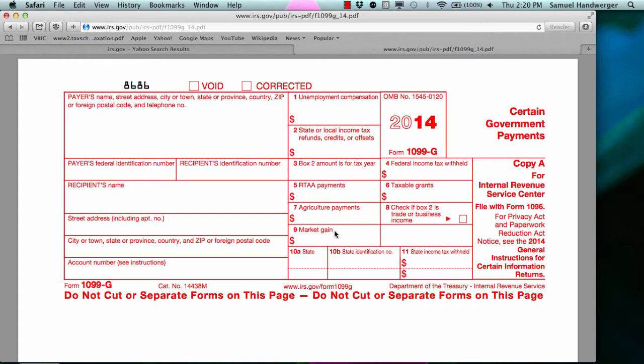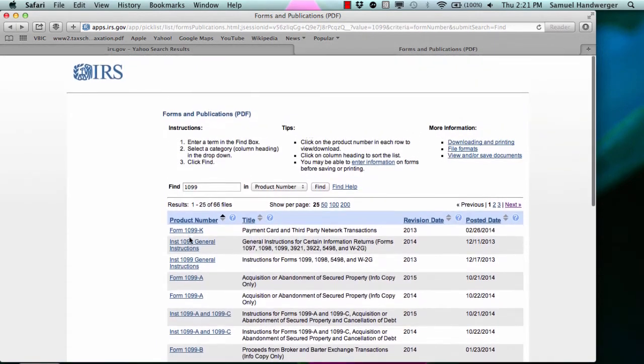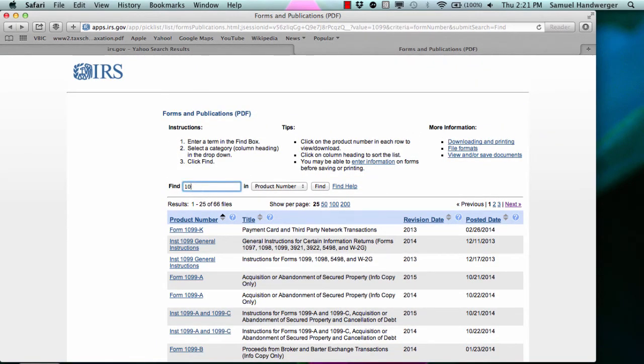They do happen sometimes, and you can go to the instructions and learn about each one of these boxes. The neat thing about the IRS instructions is that each box on here will be explained as to what's supposed to go there. And indeed, there are instructions to the 1099-G, and there they are. I think we'll skip that, but you get the idea. Okay, back to the 1040.